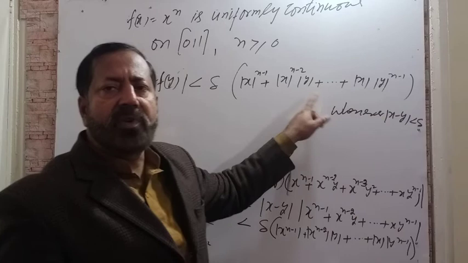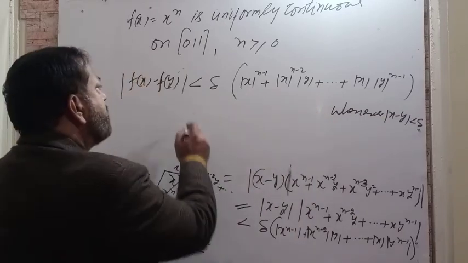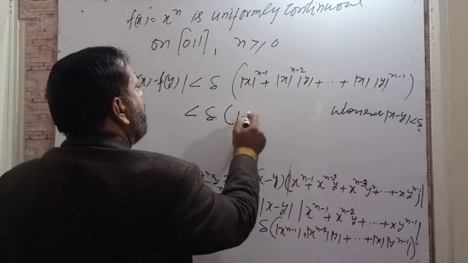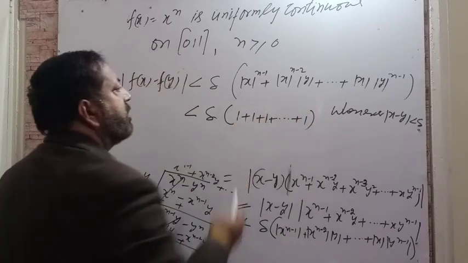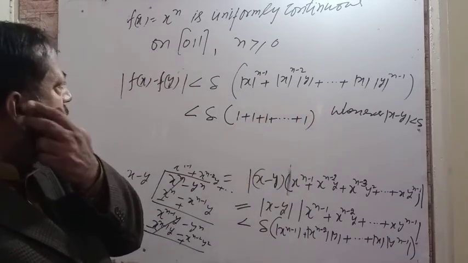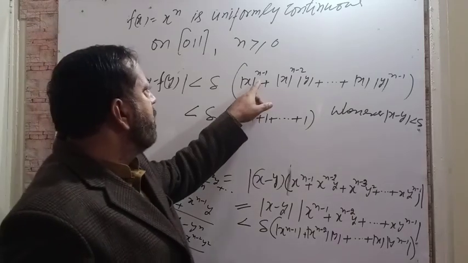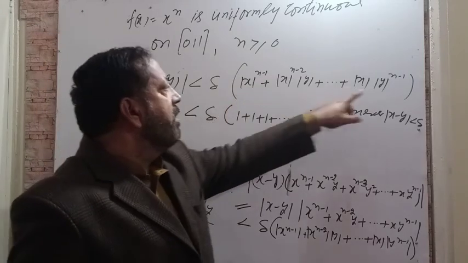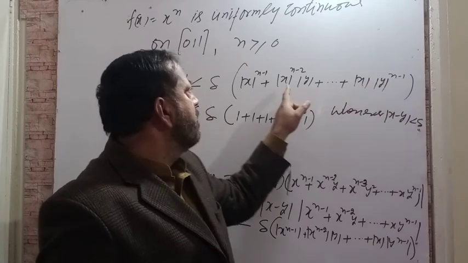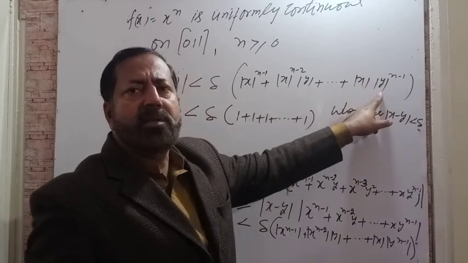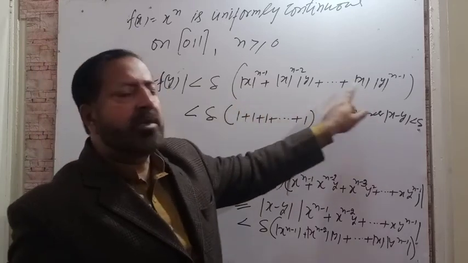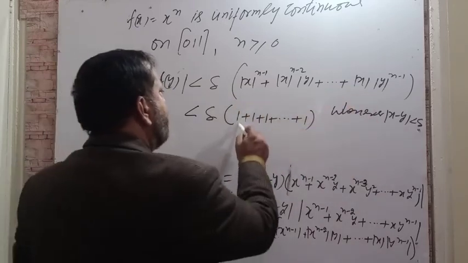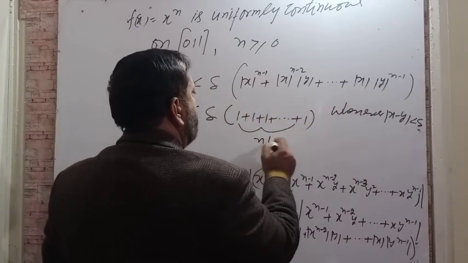This must be less than delta times (1 plus 1 plus 1 plus so on plus 1). These are in fact n values, because here y to the power 0, and here |y| to the power n minus 1. From here to there, these are the n minus 1 values, and here y to the power 0. So this is in fact n terms.